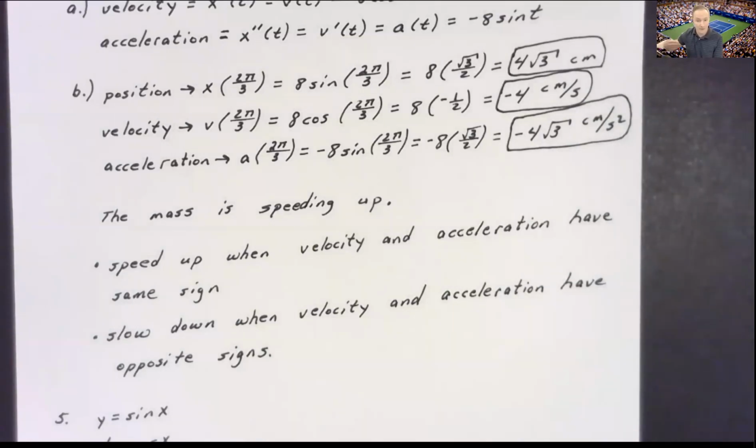You have a negative acceleration. So the only time you slow down is when the signs of the velocity and acceleration functions are opposite of one another. Anytime they're the same, in this case they're both negative, the mass is going to speed up. In this case, it's just speeding up in a negative direction.